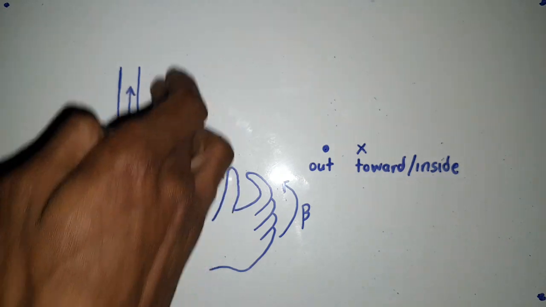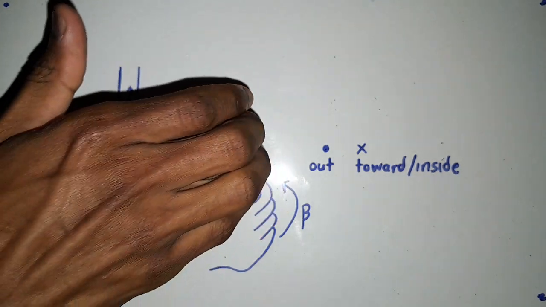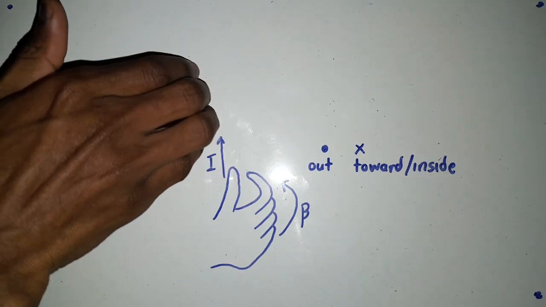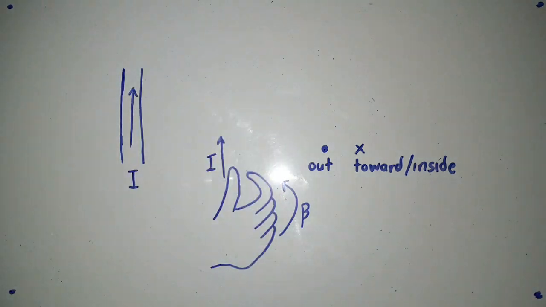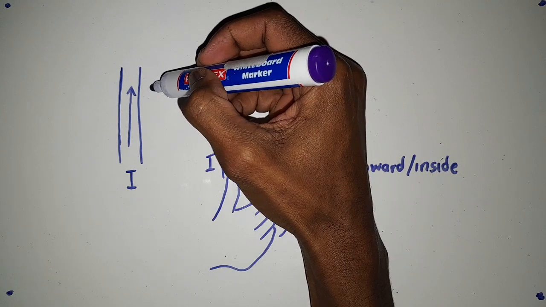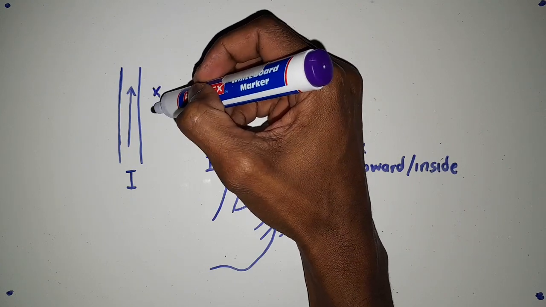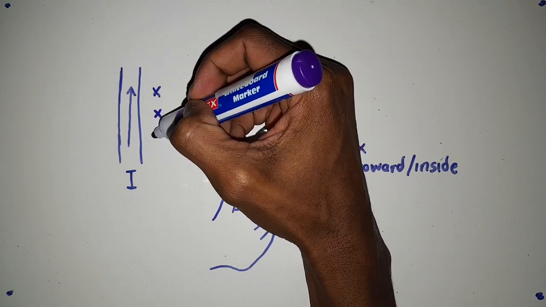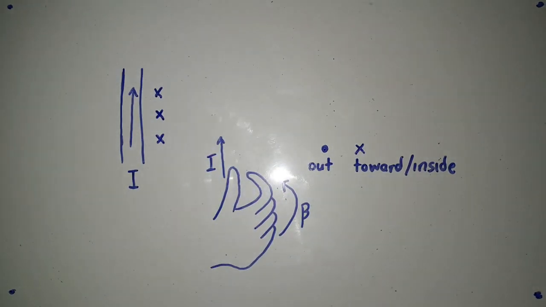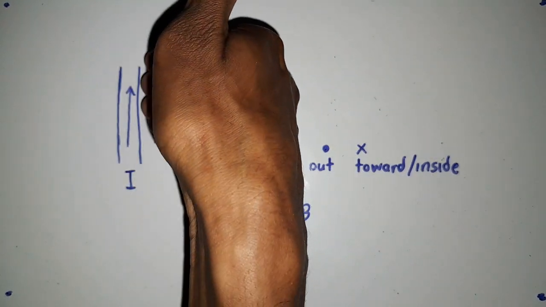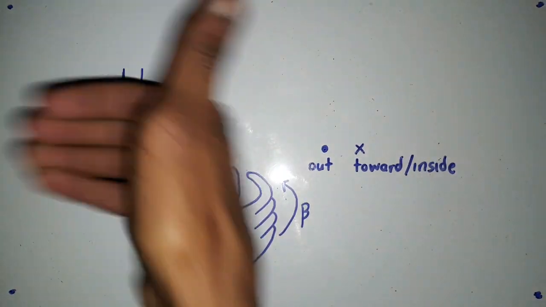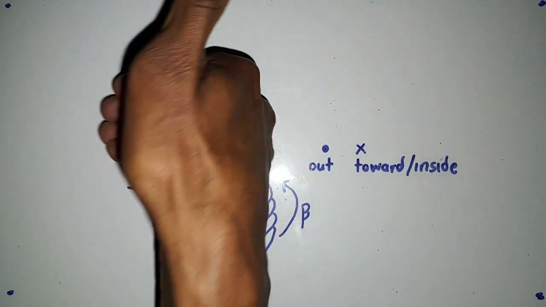Then on this side, the magnetic field is going to move towards or inside the page. But on this side, if I curl it like this, they're going to move out.